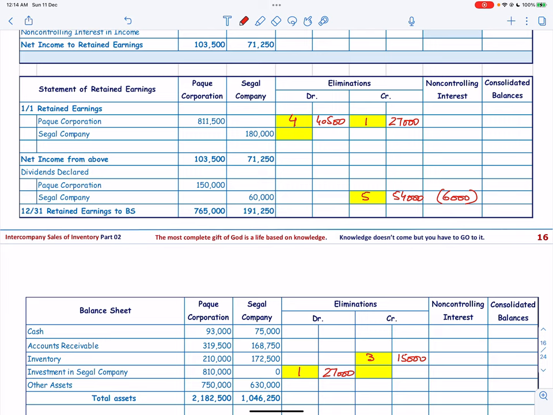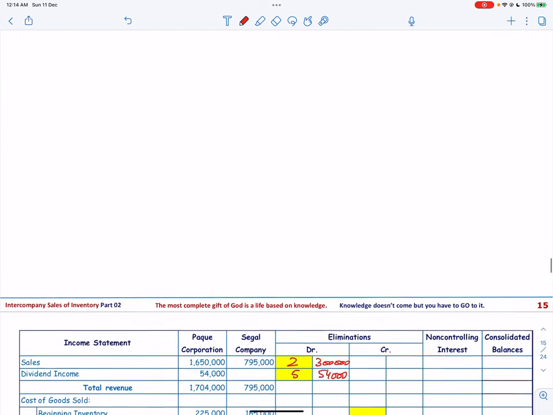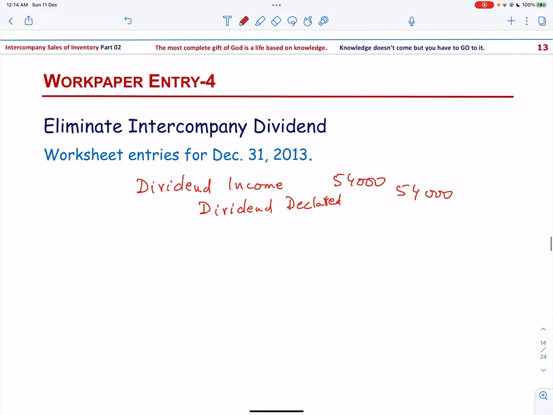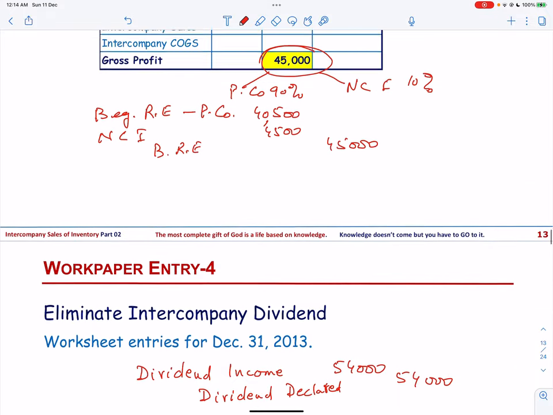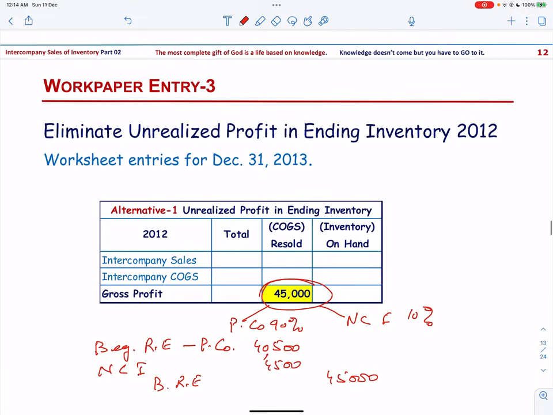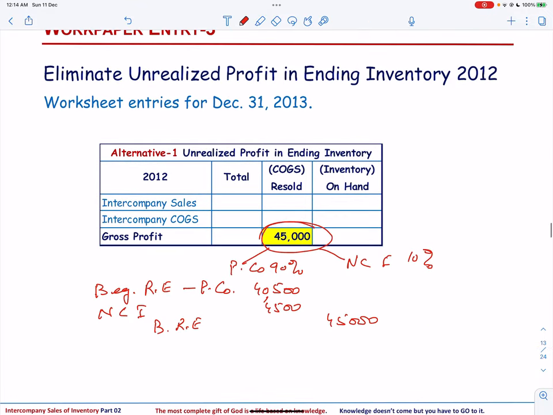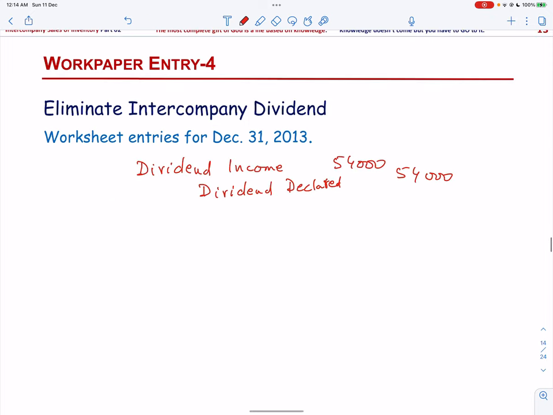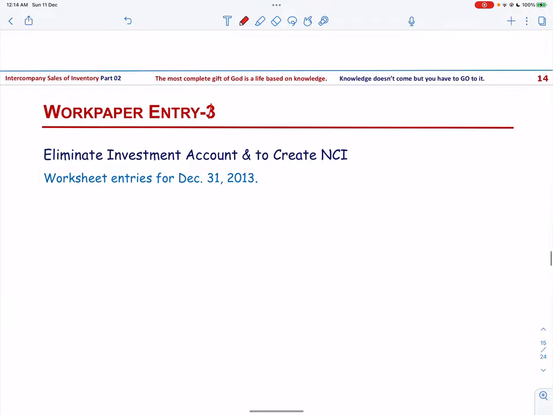Next, this was transaction number 5, transaction number 6, no, this is transaction 1, 2, 3, this is 4, and this was 5, and we go to number 6 now. Sorry for that.